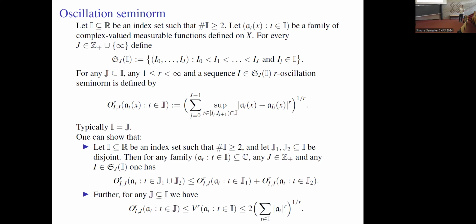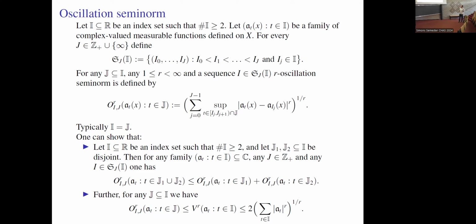So in fact, we have j disjoint gaps: the first interval is [I_0, I_1), then [I_1, I_2), and so on, and the last one is [I_{j-1}, I_j), and we assume that all those elements are in the set I. Here we assume that J is a subset of I. I think it's best, at least at the beginning, to think that J is just equal to I, and you may think that this is the set of integers, for instance.